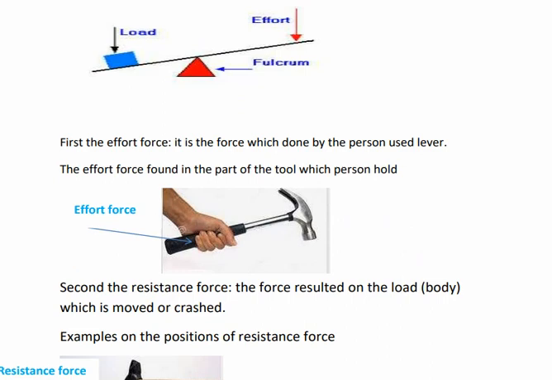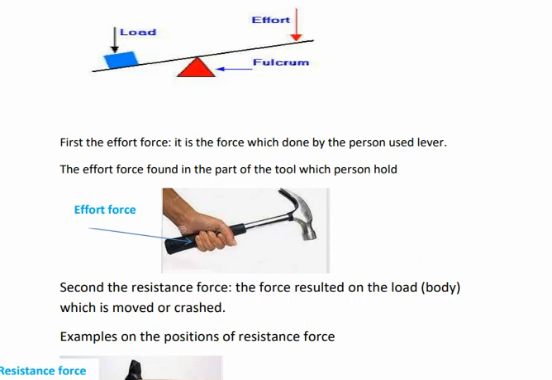Look at the image in front of you. There is a man holding a hammer. The place in which the man holds the hammer is the effort force. So, the effort force is found at the point where we apply force. It means we hold it in our hands and use the lever.